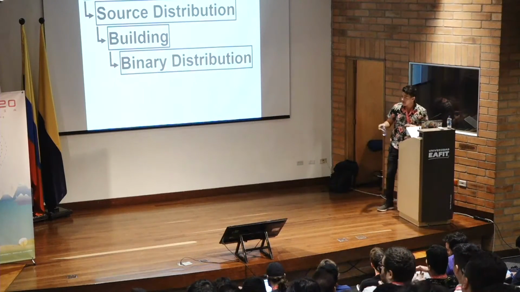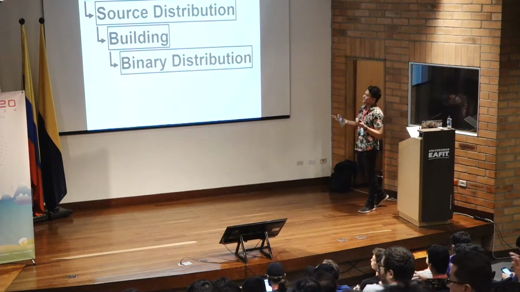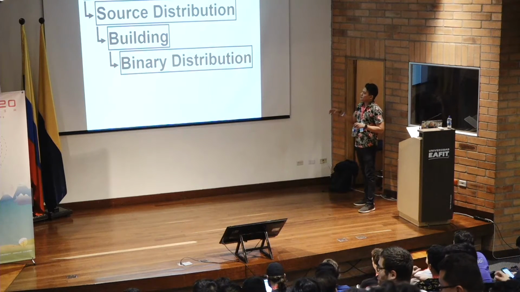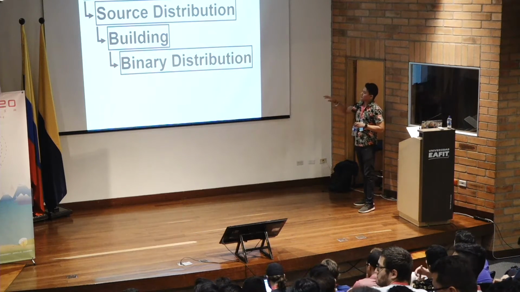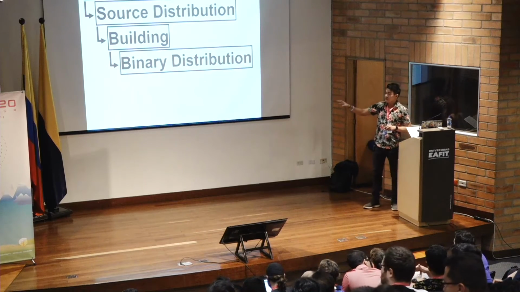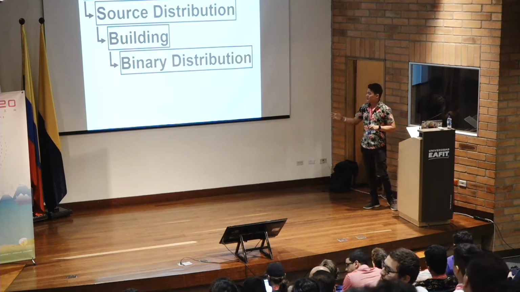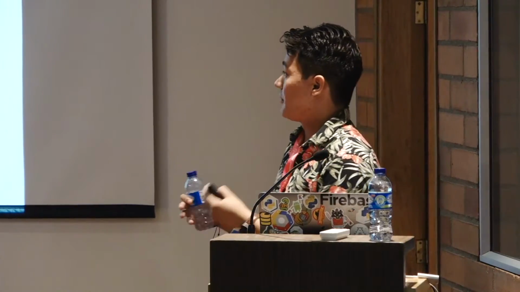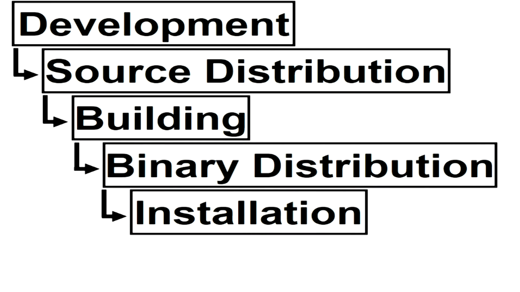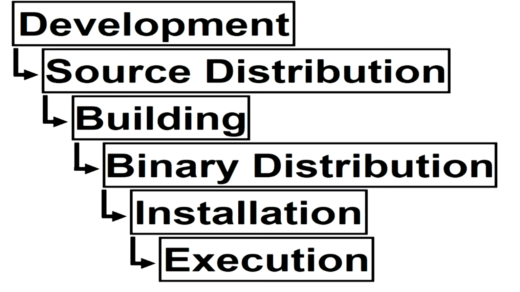This binary distribution usually carries a lot of metadata that your command line tool takes and uses to move the package to its exact location in the file system, usually in your environment or in your Python path. After that, we end with the installation, which is just finally moving all the code to the right location. And finally, we end with the execution of our packages, which just means importing or using the function or whatever.